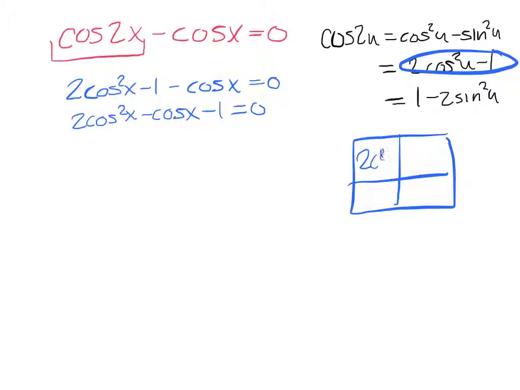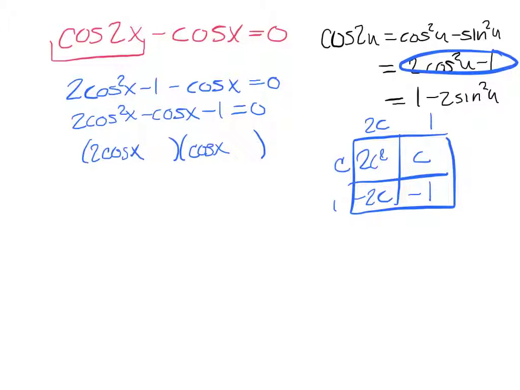So 2 cosine squared, a minus 1, so we'll need a 2 cosine and a cosine, a 1 and a 1. So it'll be 2 cosine x and cosine x. And then I will need this one to be negative, because I need a negative cosine.